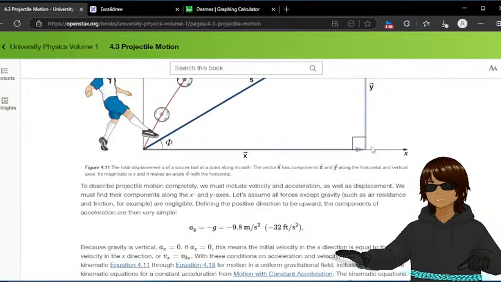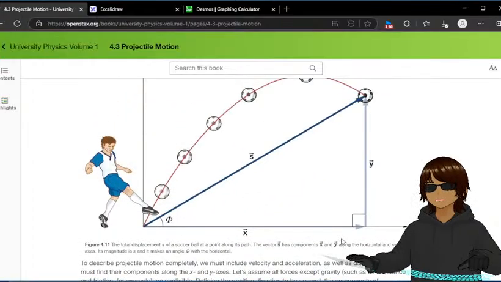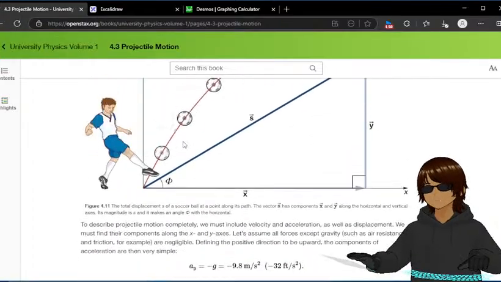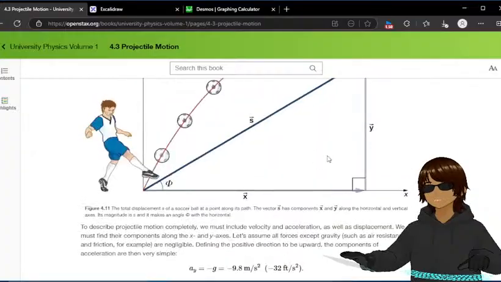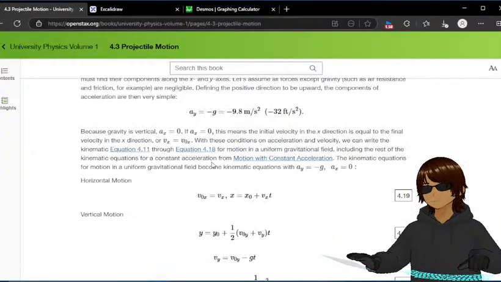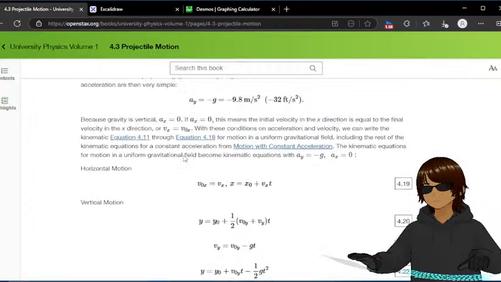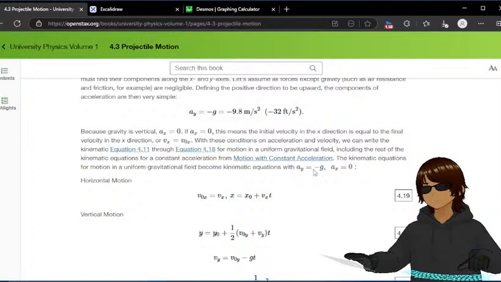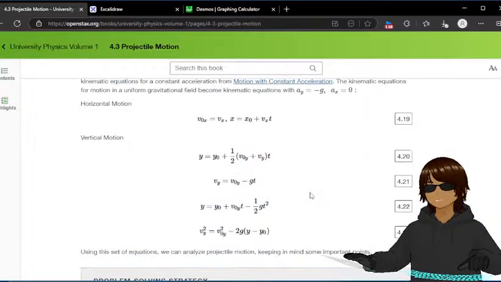So the velocity in the x direction doesn't change because we are ignoring air resistance. Velocity in the y direction will change because of gravity. The kinematic equations for motion in a uniform gravitational field become the kinematic equations with ay equal to minus g.